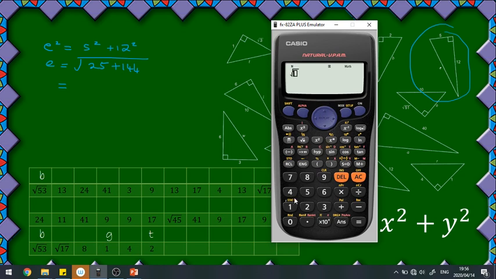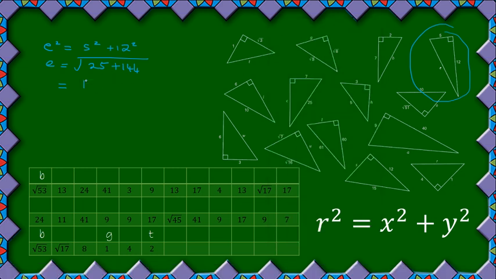So this is then 25 plus 144, and that is equal to 13. So 13. So where do we see a 13? Here, and here, and here, and where else? I think those are the only 13s. Okay, so moving on.